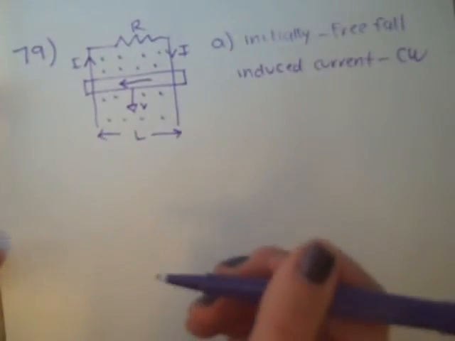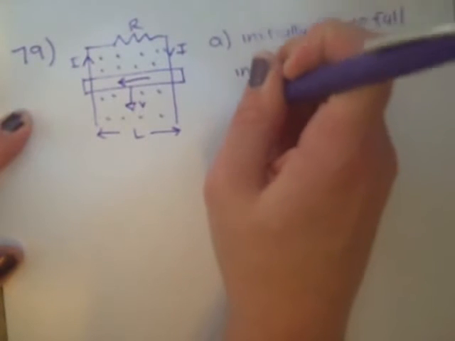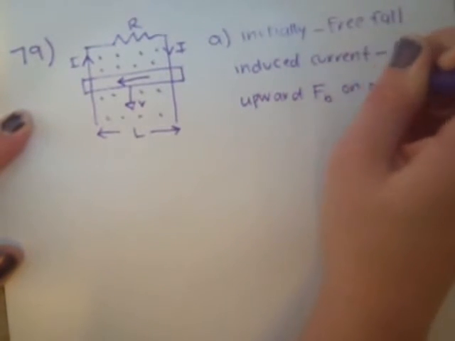And so the next thing that's going to happen, and all this is going to be simultaneous, is that there's going to be an upward force produced on the rod.